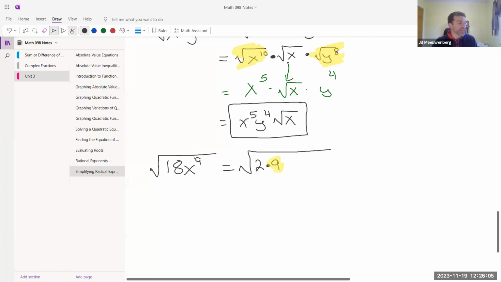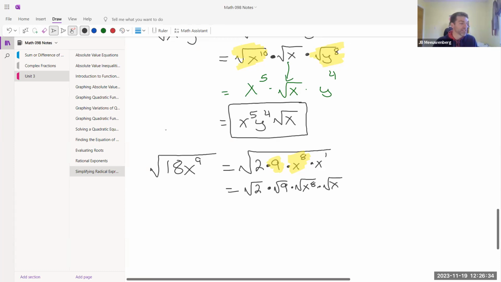Then we do the same thing with the x's. Because it's an odd numbered exponent, we're going to go one less than 9, x to the 8th times x to the 1st. Again, this is a perfect square. Now I'm going to break it up into 4 different radicals: the square root of 2 times the square root of 9 times the square root of x to the 8th times the square root of x.